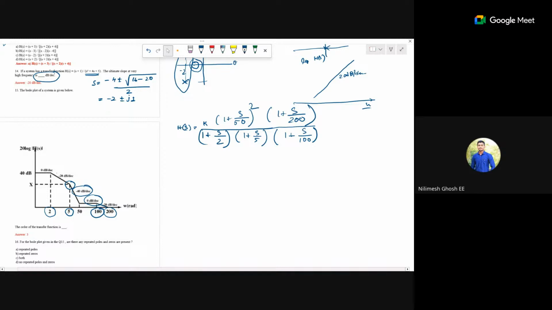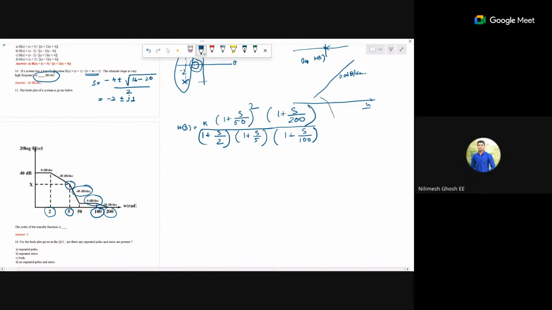If the final slope is minus 20 dB per decade, then the difference between the number of poles and zeros will be 1, with one extra pole. If the final slope is plus 20 dB per decade, then one zero is extra as compared to the number of poles. Getting it, right? Yes, sir.